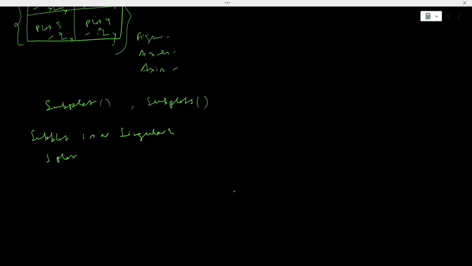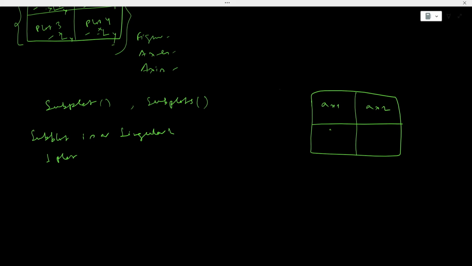For example, suppose this is my entire canvas, that is my figure, and within this figure I want to create 4 axes. That means I want to create 4 plots. So this is my axis 1, axis 2, axis 3, and axis 4. Now I want to create this type of structure using subplot.